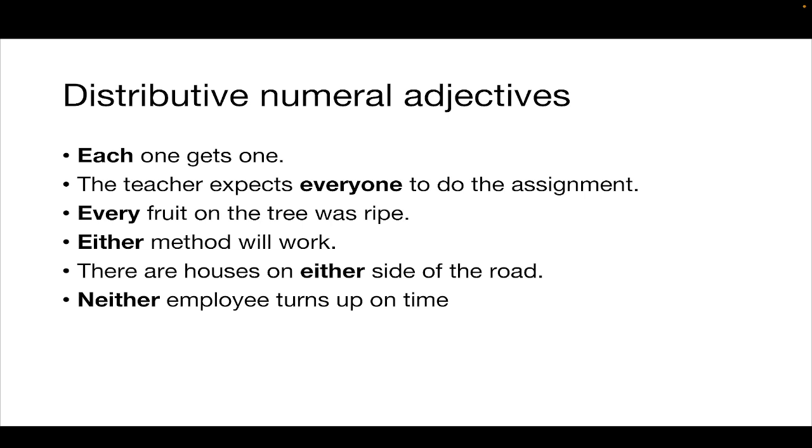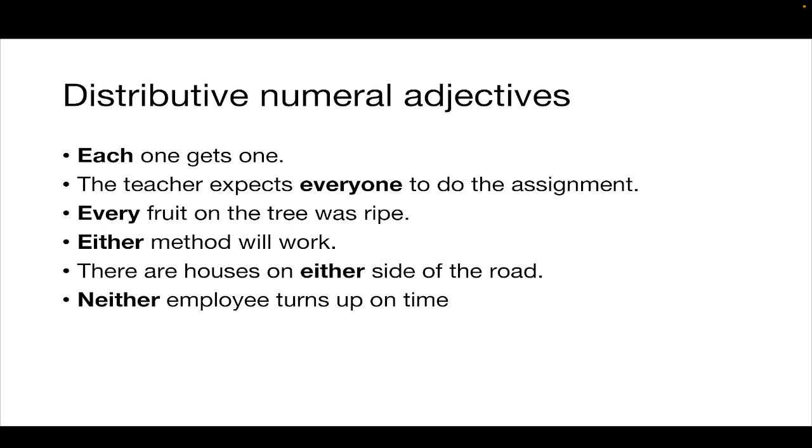Distributive numeral adjectives. Here we talk about everybody. Whenever you say words like each, everyone, every, they refer to all. But you're distributing that. For example, each one gets one apple, let's say apples for children. Each of them will get one. So you're distributing that, and each of them gets one.